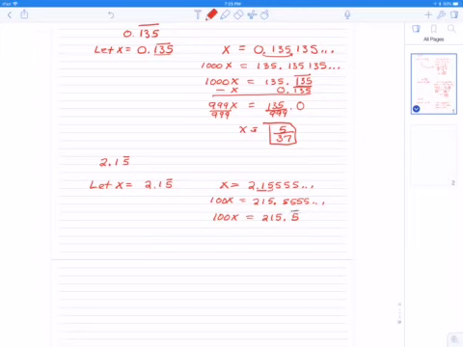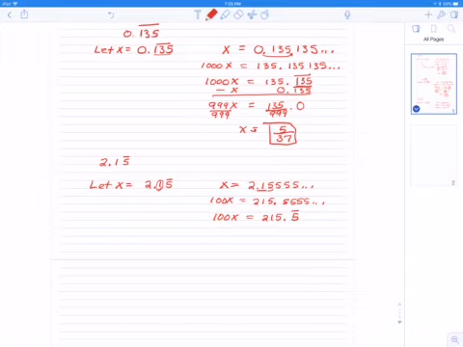Now, if we look at the two equations, this new equation and the original equation, I didn't achieve that goal of having only the repeating blocks behind the decimal point. In the first equation, there's this 1 that's also behind the decimal point.